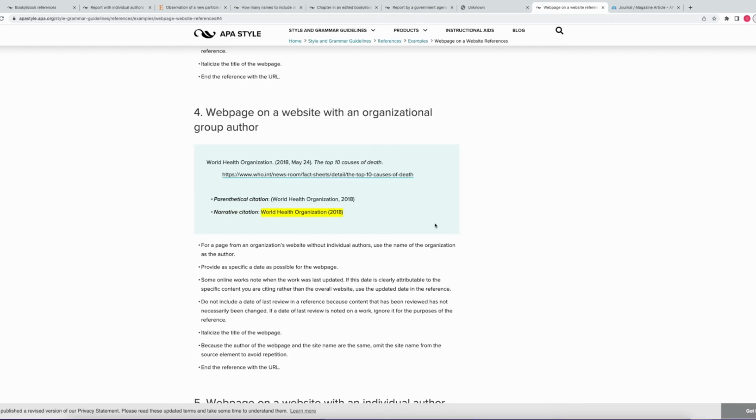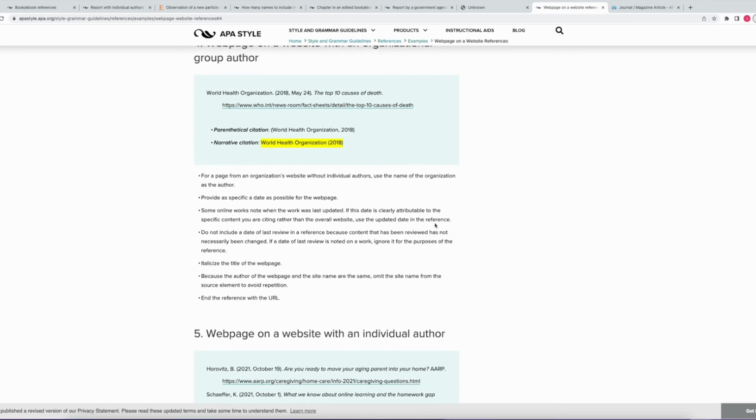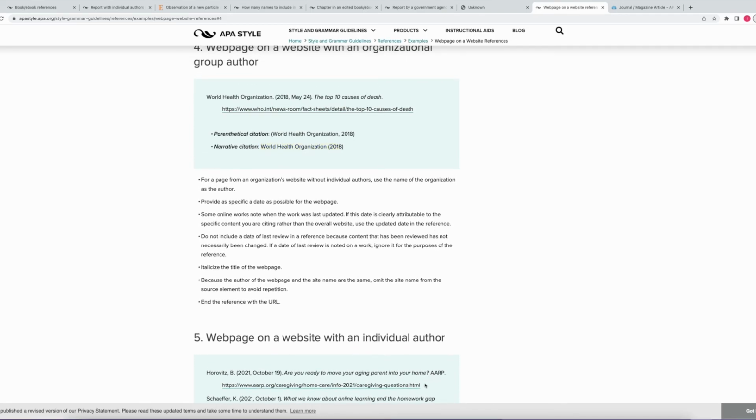So occasionally, when you see reference examples out there, they assume there's a real person. So what you can do is just adapt. So here is a web page on a website. The website overall is AARP. The web page is, are you ready to move your aging parent into your home?